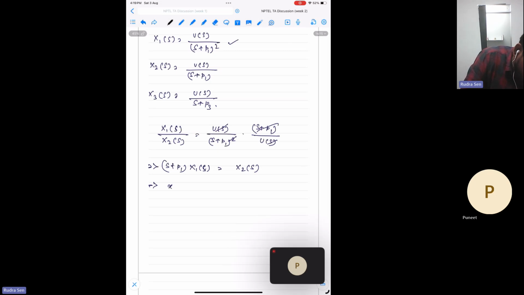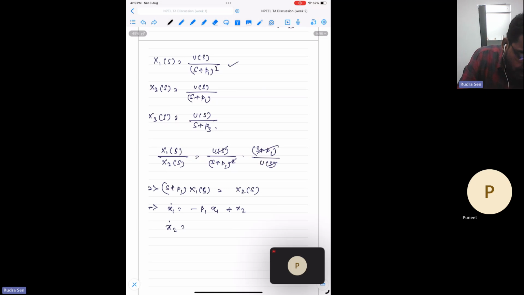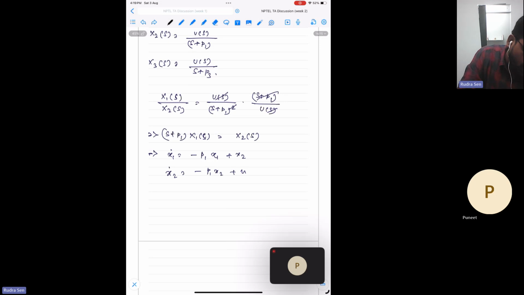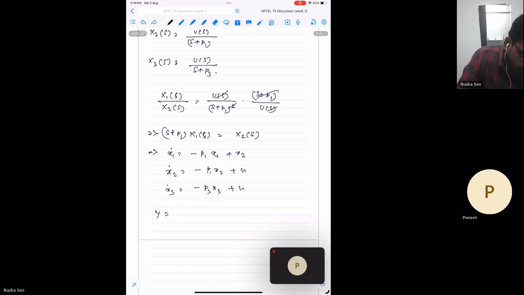So what we get: x1 dot equals minus p1 x1 plus x2. Similarly x2 dot, it is not difficult for this case, so x2 dot equals minus p1 x2 plus u, and x3 dot equals minus p3 x3 plus u. And y is equal to b3 u plus d1 x1 plus d2 x2 plus d3 x3.